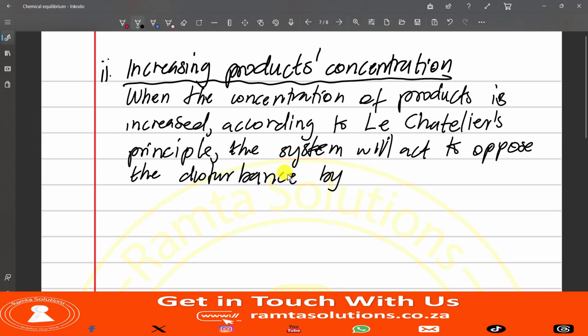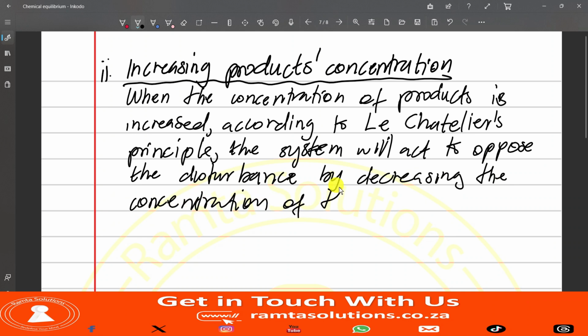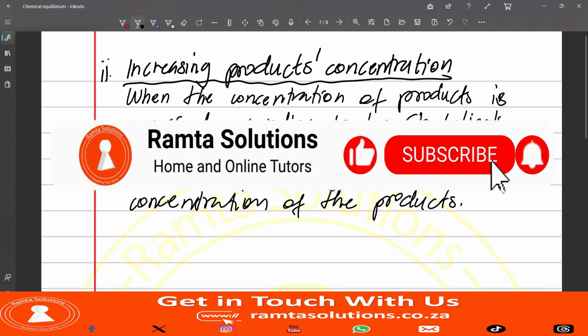By what? By decreasing the concentration of the products. I want you guys to remember that these reactions can proceed in both directions, right?